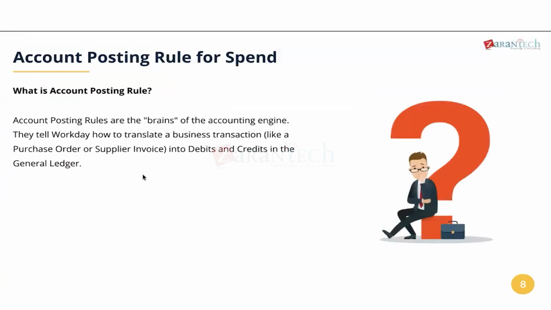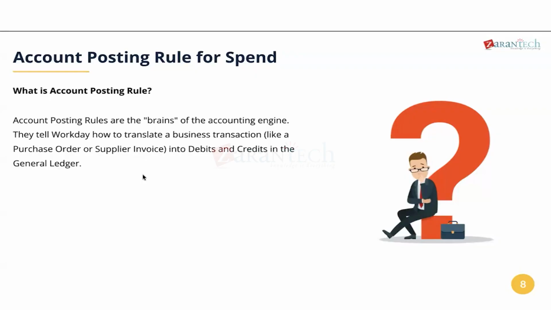So switching back to the account posting rule for spend. Account posting rules are the brains of the accounting engine. We already know that. Whatever transaction you are doing, if you are making a purchase, for example when you have created a requisition, purchase order, invoicing, or receipting, for any of these activities we will have the operational journals created at different levels.